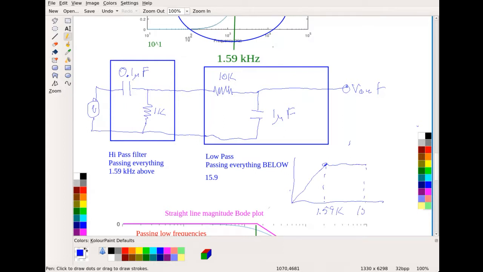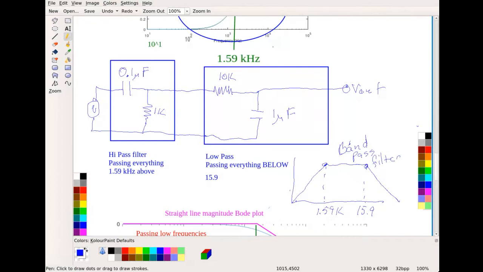And this is 15.9. And then it's going to come straight down like this. And now I built a bandpass filter, where I'm effectively only allowing these frequencies through. Okay. And I didn't have to use an inductor.